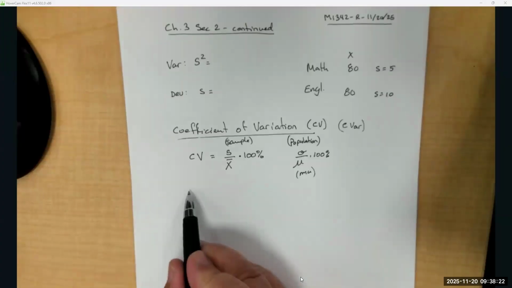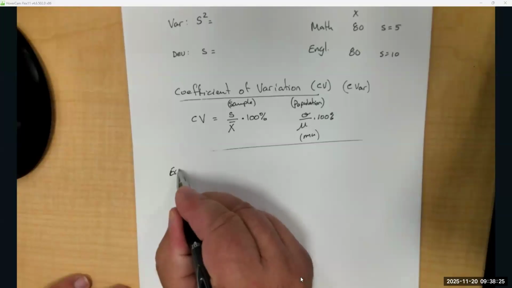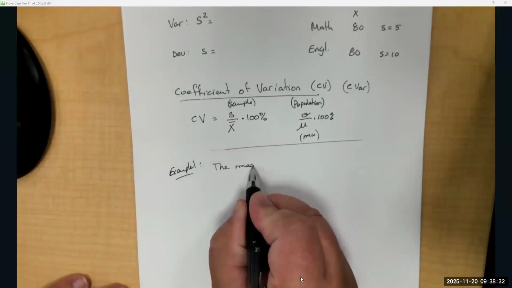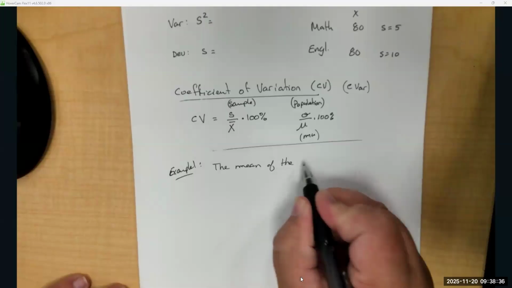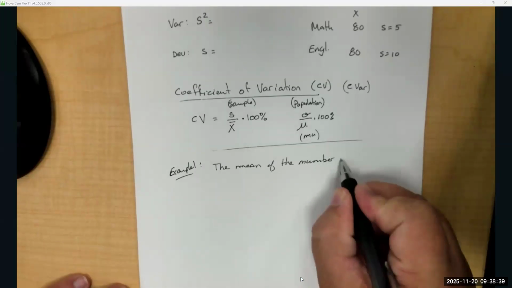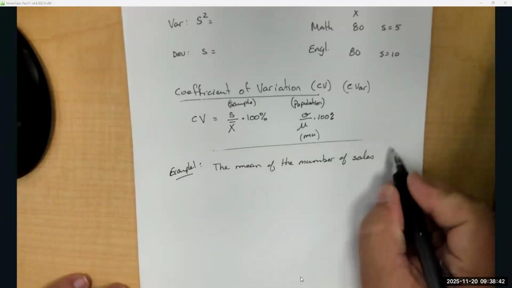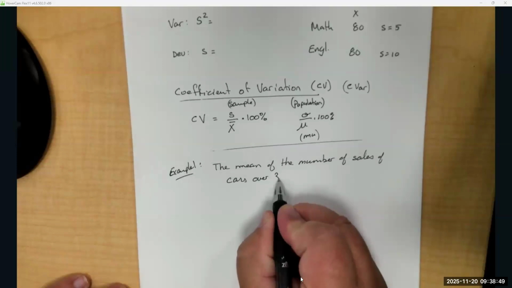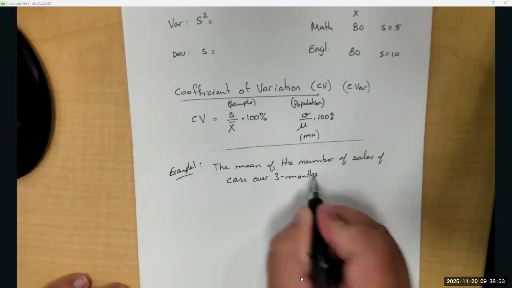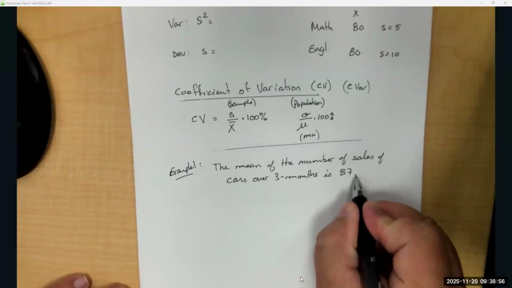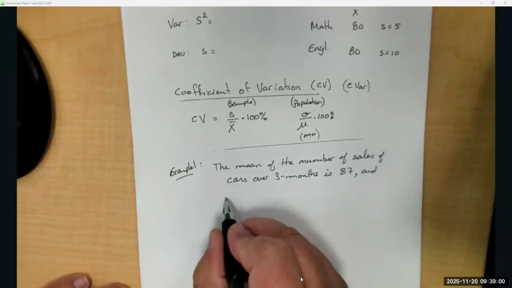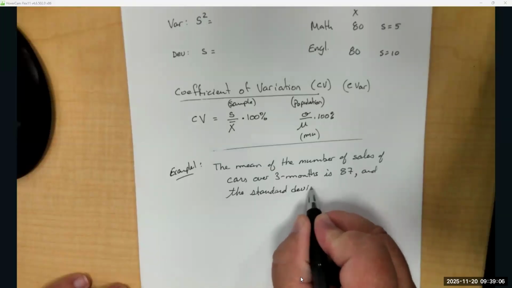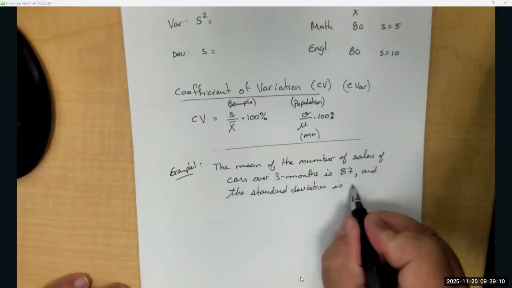All right, so let's look at an example. The mean of the number of sales of cars over 3 months is 87, and the standard deviation is 5.